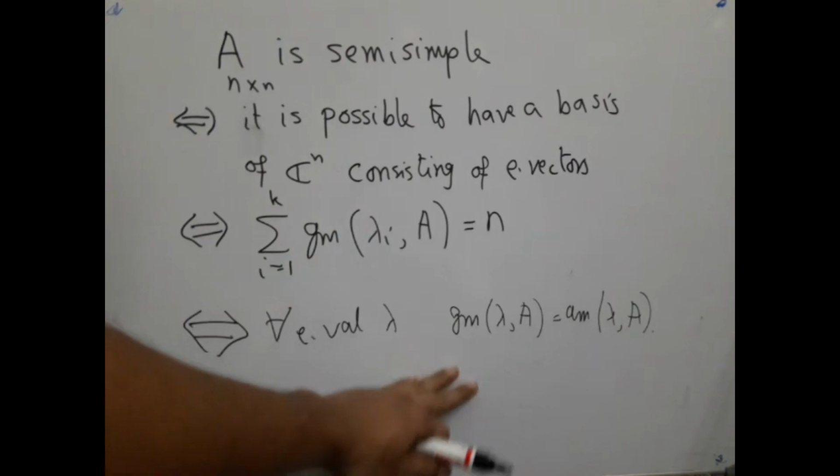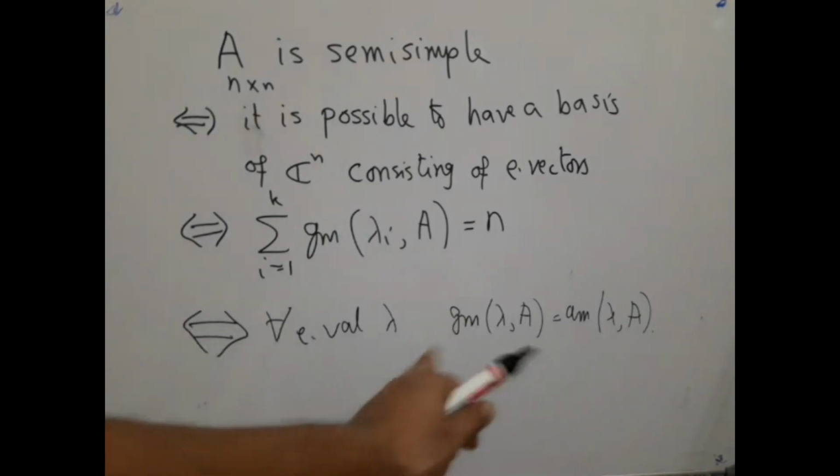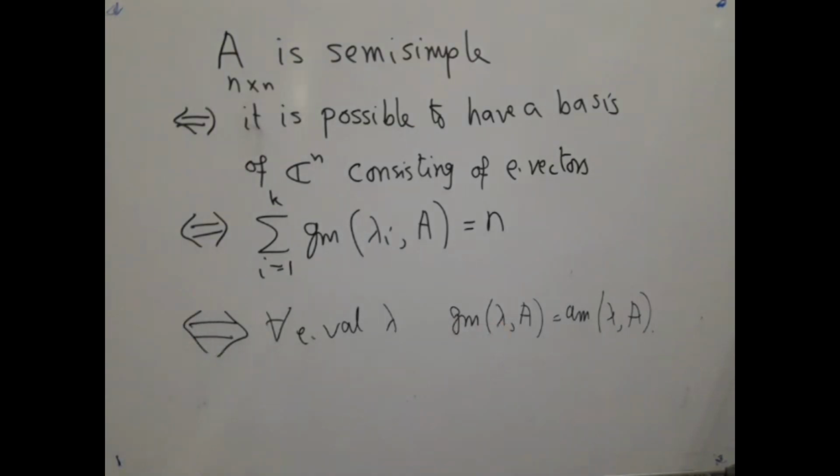So if there is a little deficiency in one place, no other eigenvalue can make up that deficiency.